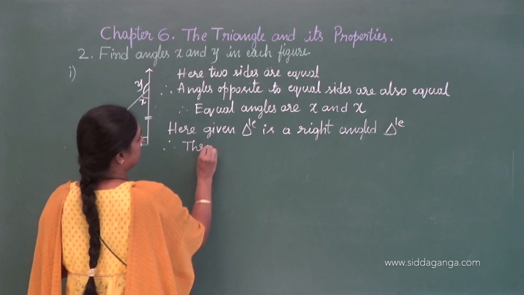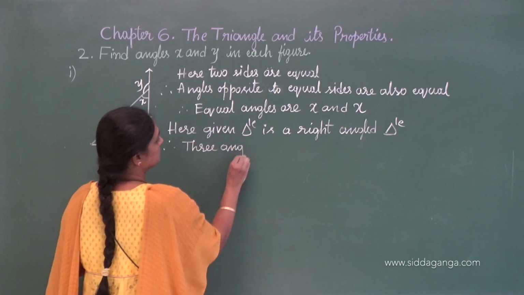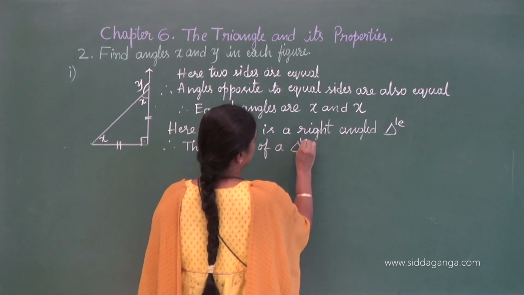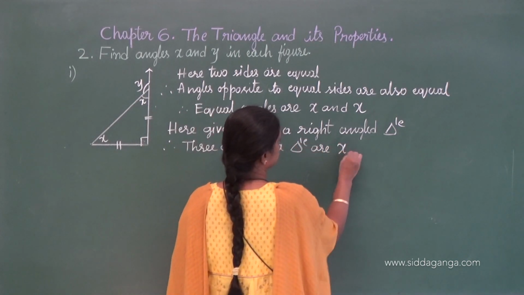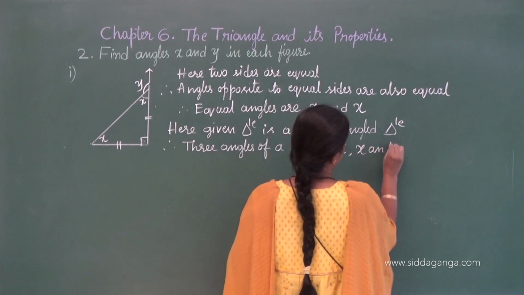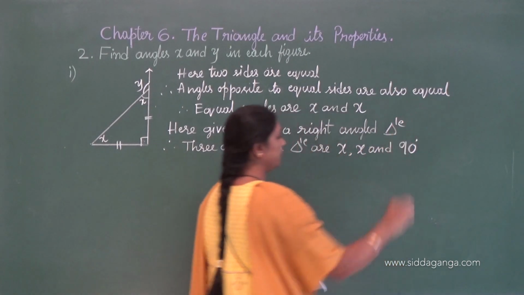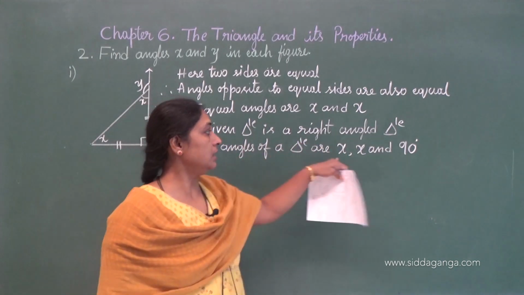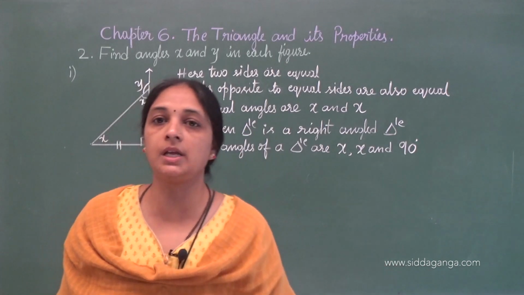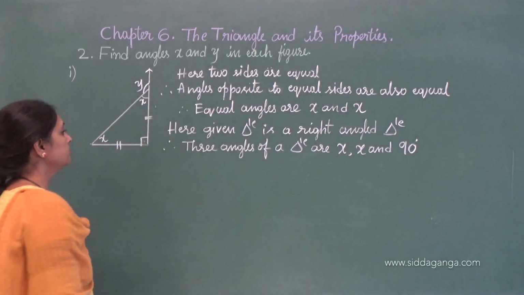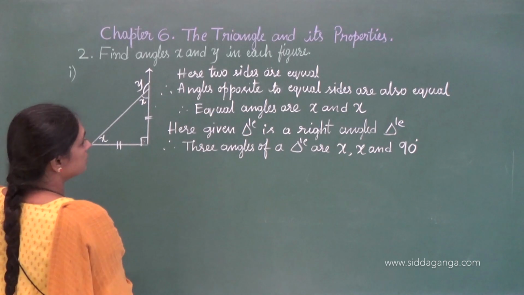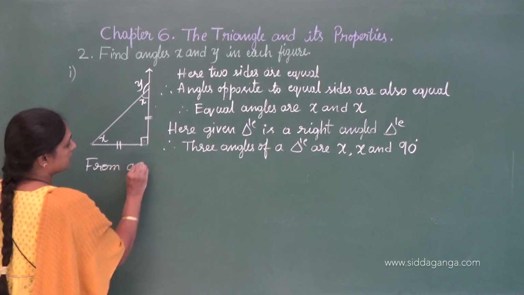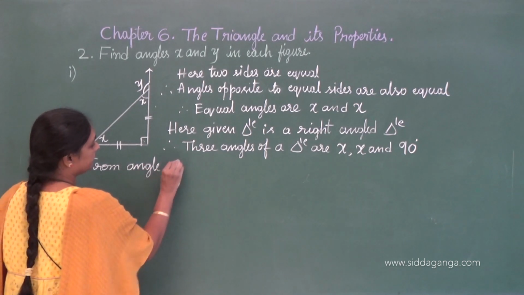Therefore three angles of a triangle are x, x and 90 degree. So we know the three angles of a triangle. Then we can use which property here? We can use the angle sum property.